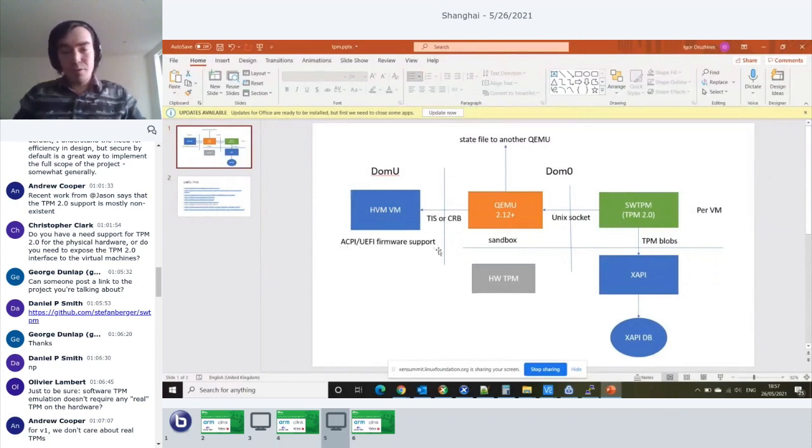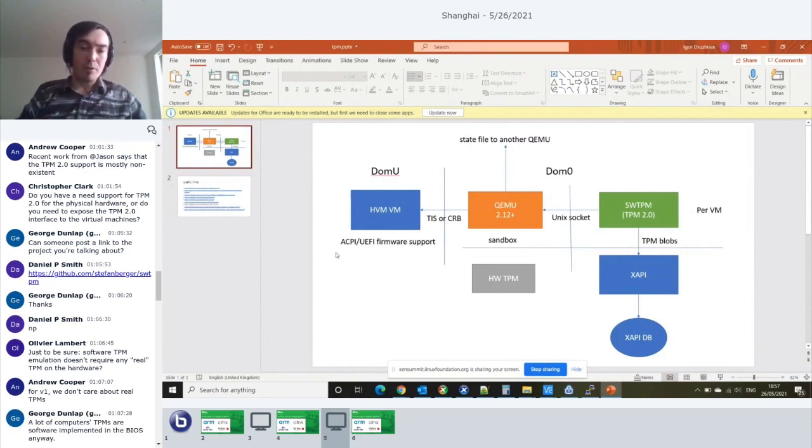Yeah, so this is a sketch of an architecture that is proposed. You can see here that we're going to have an HVM VM, presumably Windows, and we're going to supply our ACPI UEFI compliant firmware. UEFI is a prerequisite for TPM 2.0.